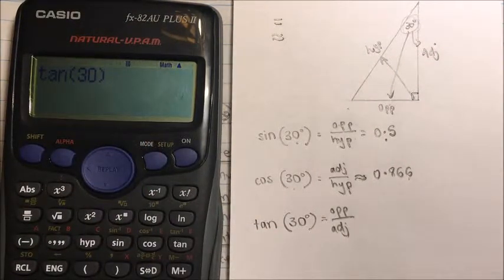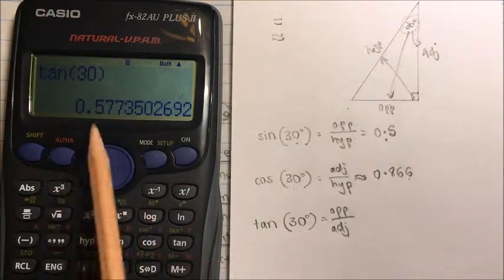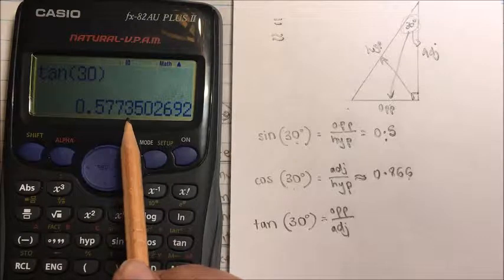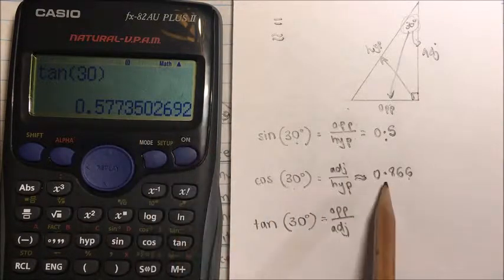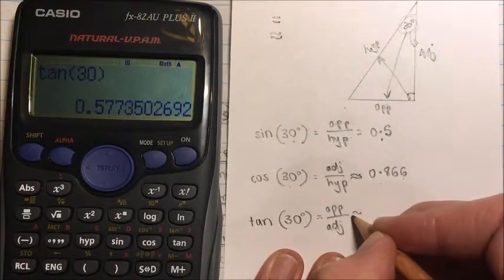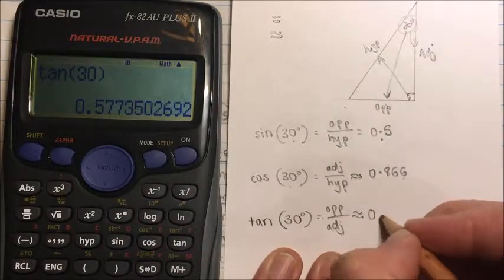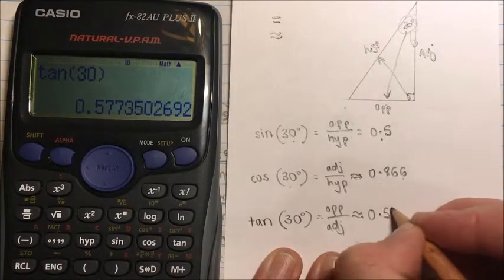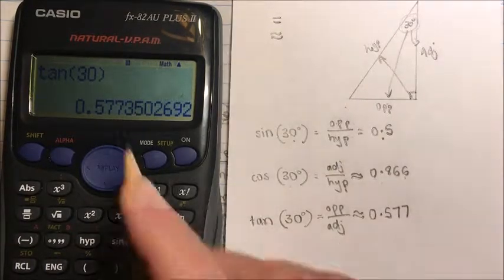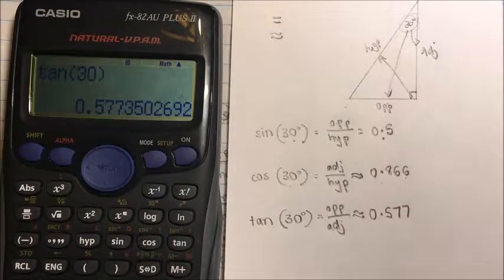Type in 30 degrees and hit enter. 0.5773. Actually, let's round it to 3 decimal places because that's what I did over here. So it is a very close approximate, but approximate to 0.577. Again, the 7 stays the same because the 4th decimal place is below 5.